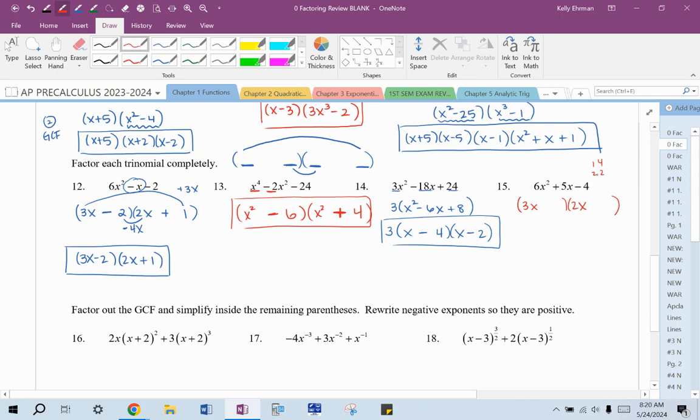Now, I know it's not 2 and 2 because, don't write this down, but look at this. If it's 2 and 2, then I could have factored a 2 out at some point, and I can't factor a 2 out of here. So I know it's not 2 and 2. I know it's 1 and 4. And I know the 4 has to go here, and the 1 has to go here, because again, if I put the 4 here, that's a GCF of 2 I could have factored out.